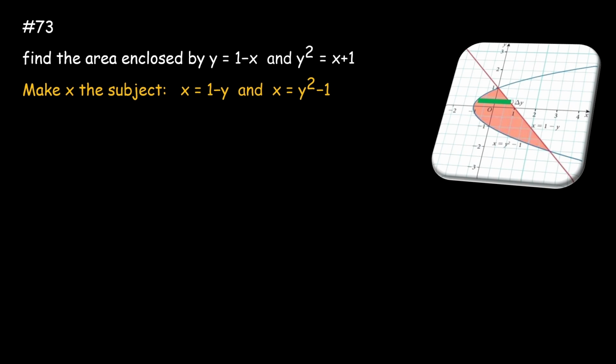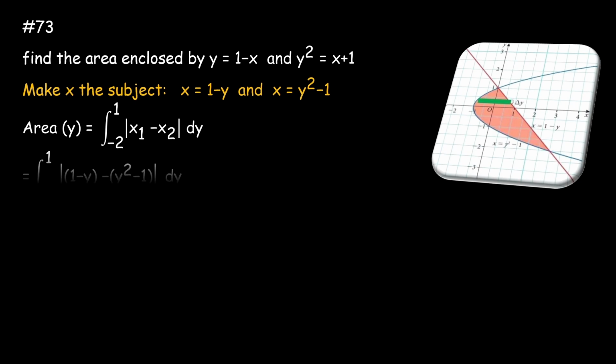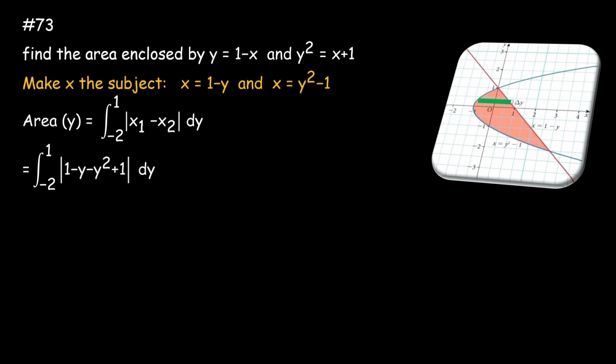Okay, now which one is the top, or let's say the function ahead? It's the straight line, right? So you need to take the integral of the straight line minus the integral of the curve, which is the parabola. So that will be x1 minus x2, starting from -2 to 1 according to the graph. We plug in each of the functions, we subtract and simplify, then we calculate the absolute value.